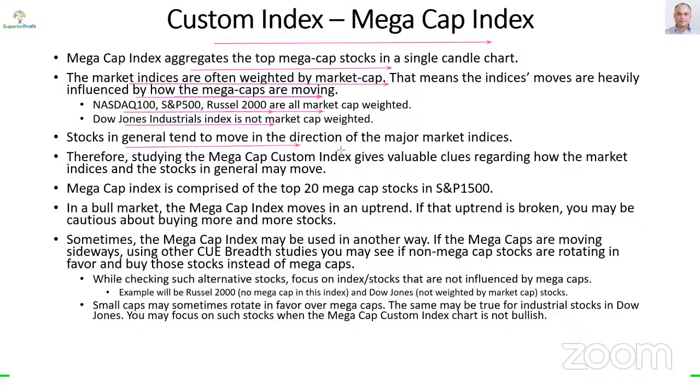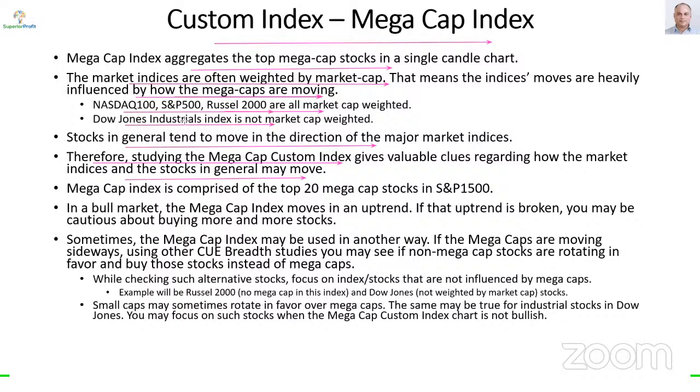Stocks in general tend to move in the direction of the major market indices, the external view. Therefore, studying the mega cap custom index gives valuable clues regarding how the market indices and the stocks in general will move. Mega caps, because indices are market cap weighted, will influence the indices, all the indices, except Russell 2000, except Dow Jones.